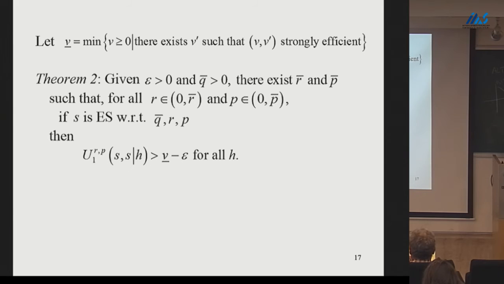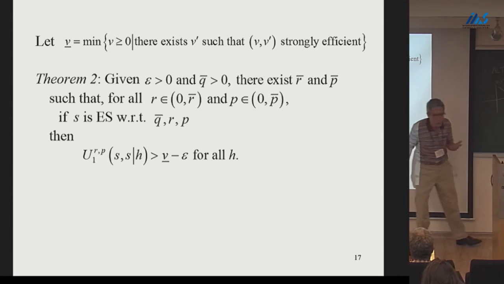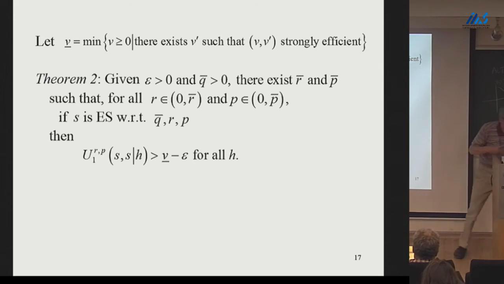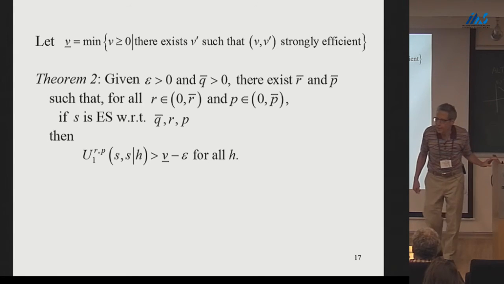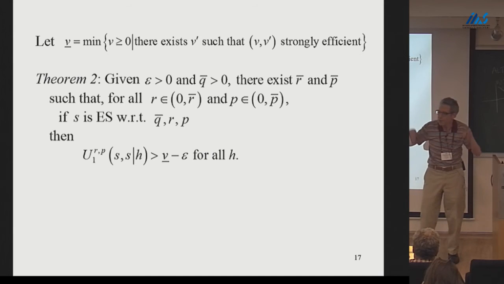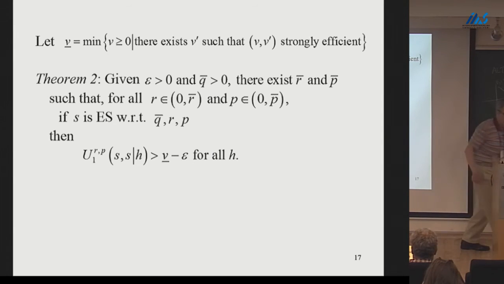So here is the first result, which says that if you're evolutionarily stable, you must be efficient in a certain sense. This is efficient in quotation marks.